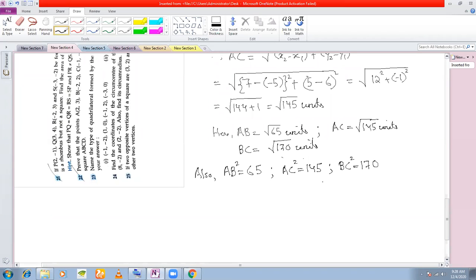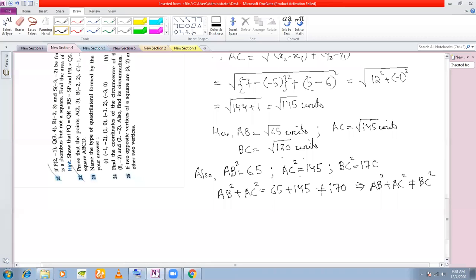Now if you add up AB square plus AC square, you get 65 plus 145, which is not equal to 170, right? That means AB square plus AC square is not equal to BC square.